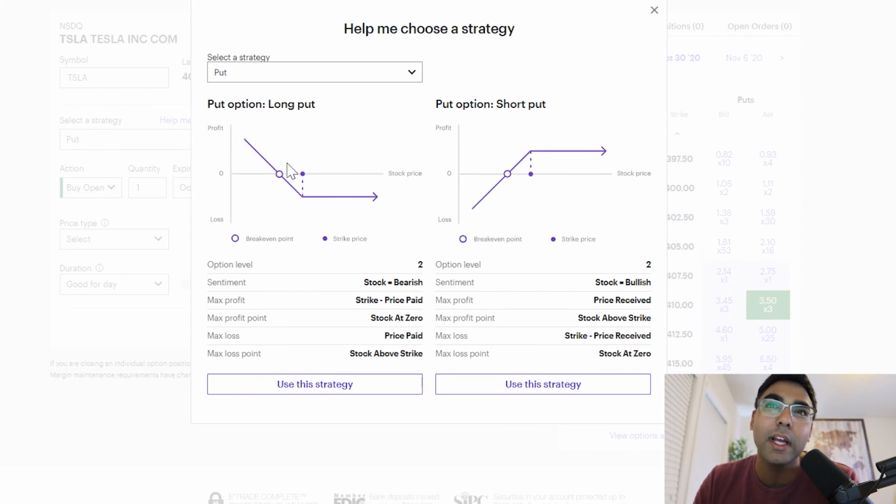Short put is similar to selling a call, but here you're selling a put, and instead of you having the shares and giving someone else the right to have your shares, you have cash. A cash covered put means you have the cash to buy someone else's shares at a future date at a future price.